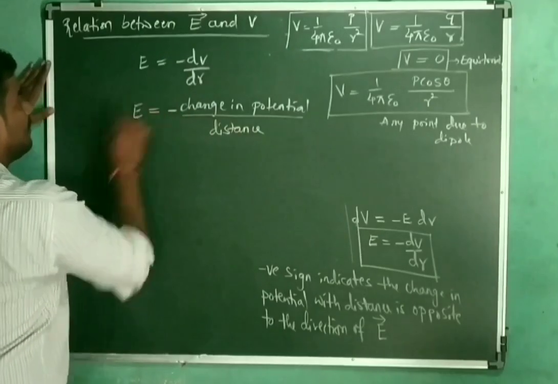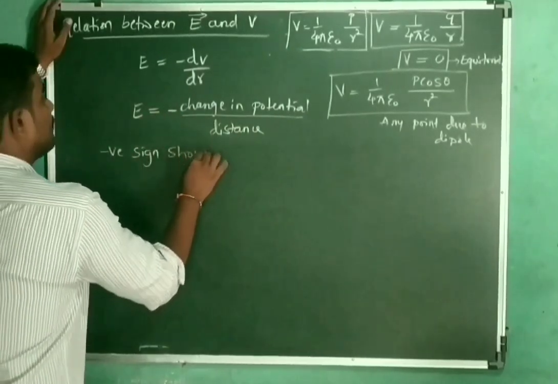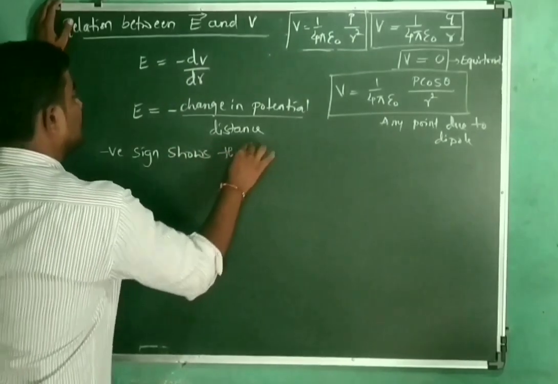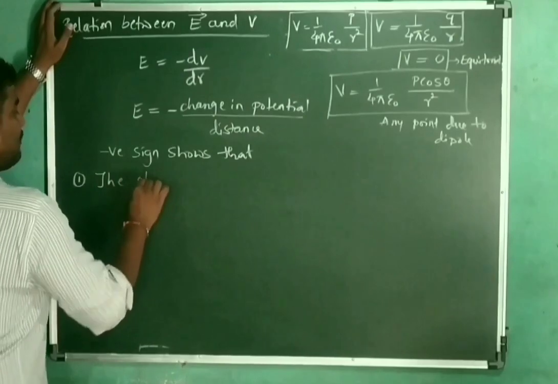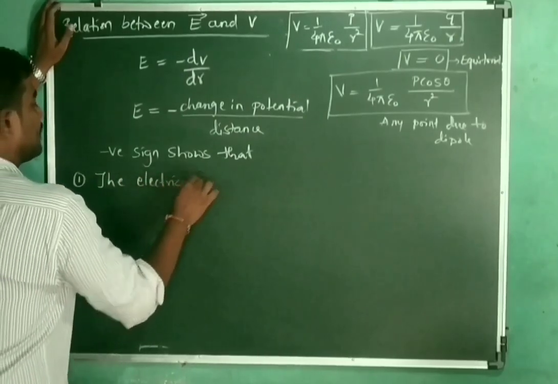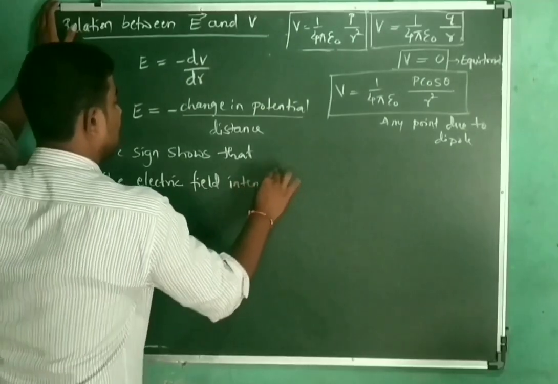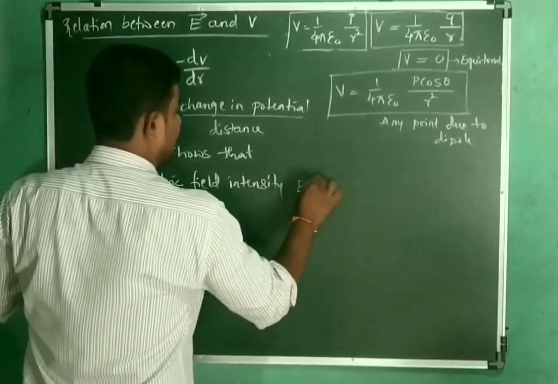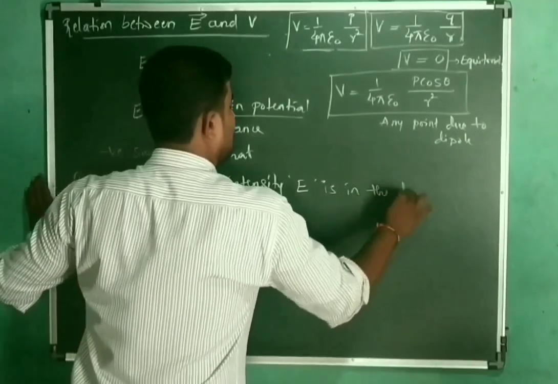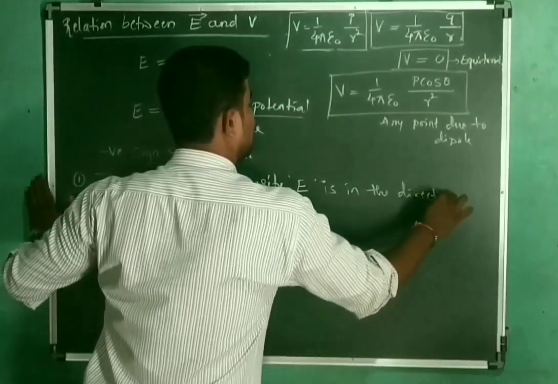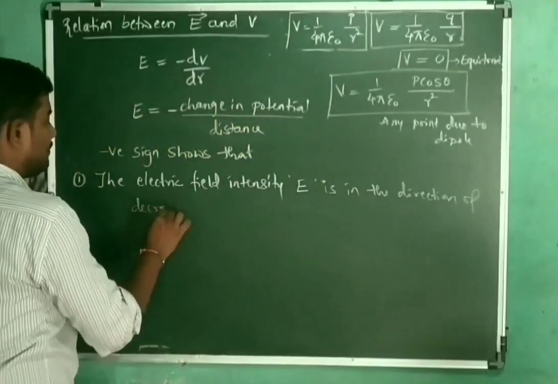And this is E. The negative sign shows that, first point, the electric field intensity E is in the direction of decrease in potential.